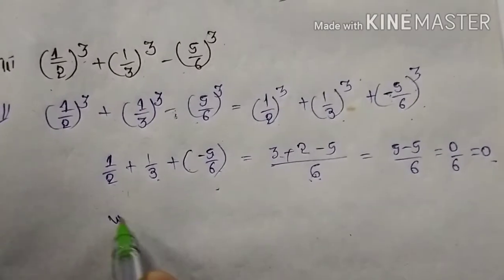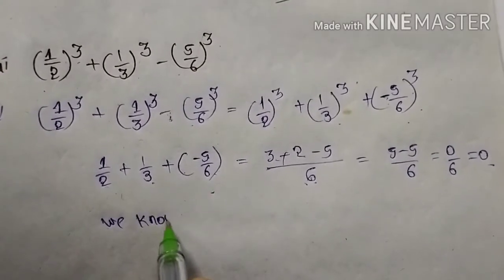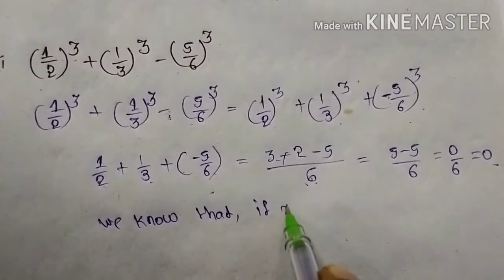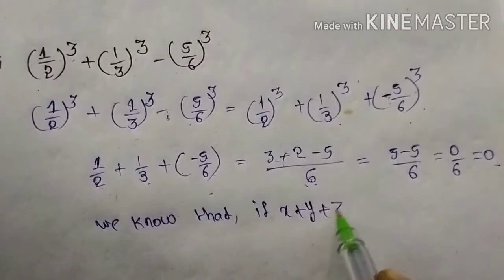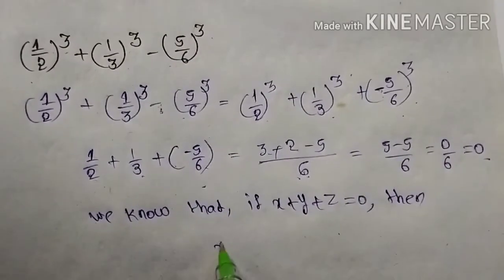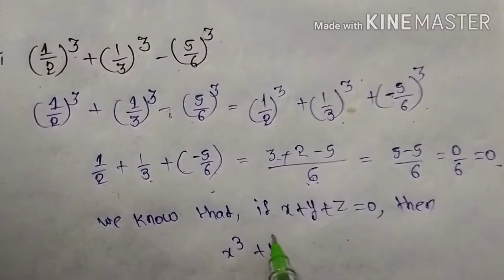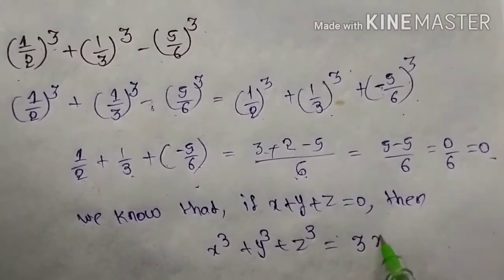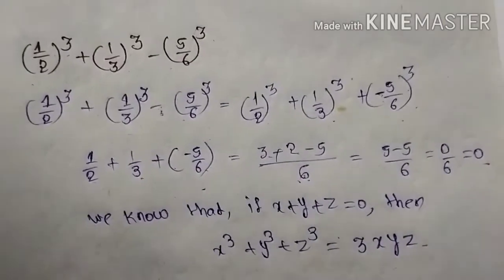But you know that, we already know that. See here, we know that if x plus y plus z is equal to 0, then x cube plus y cube plus z cube is equal to 3xyz. Yes or no? Yes.